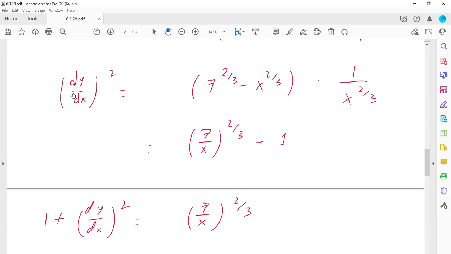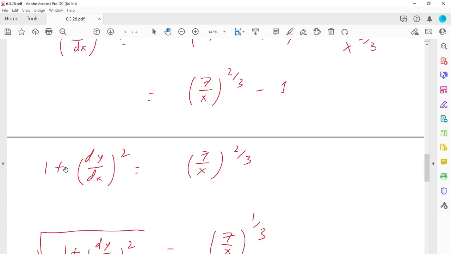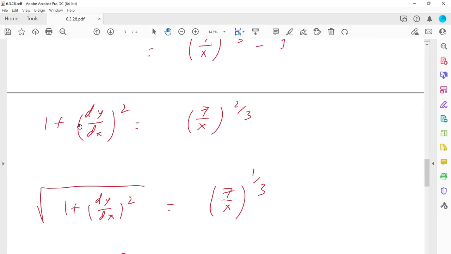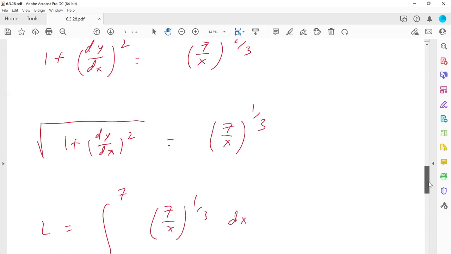Now we need 1 plus this expression. So if we add 1 to both sides, that gives us 1 plus (dy/dx) squared equals 7^(2/3) over x^(2/3). We need the square root of this expression, and since there is a square, it will give you 7^(1/3) over x^(1/3) by taking the square root.